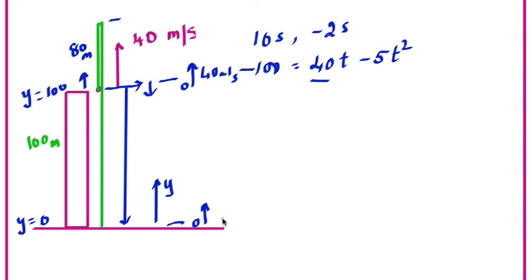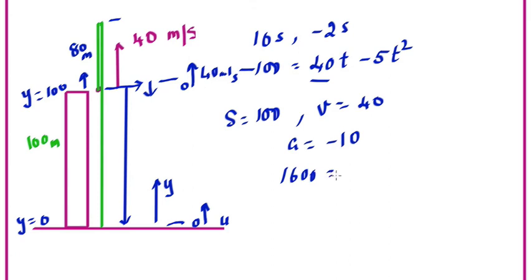So let's take this as the initial velocity u now, and the final velocity is plus 40. So for this part of the journey, the displacement s is plus 100, v is plus 40, and a of course is minus 10 because we are still taking up as positive. So what equation can we write with these three? Well, we can certainly write v squared is equal to u squared plus 2as, where u is the initial velocity with which someone should have thrown it up at an earlier time, so that at time t equal to 0, it's passing the top of the tower at 40 meters per second.